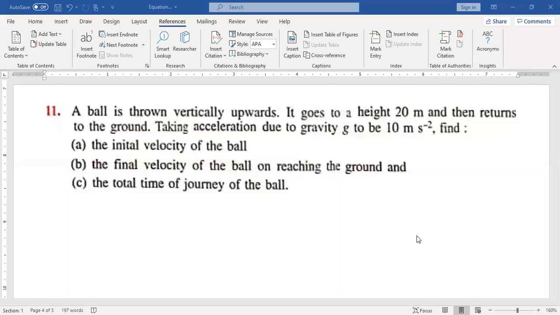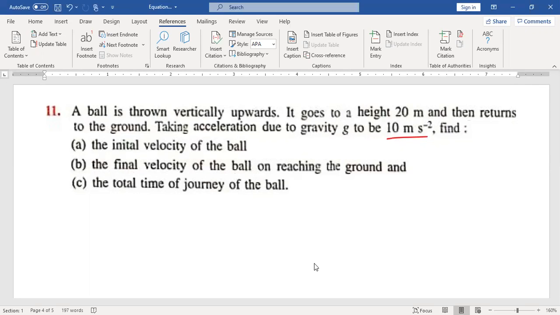Now students, question number 11. This question number 11 is the same as example number 7, which we did earlier. But here the acceleration due to gravity is 10 meter per second square.